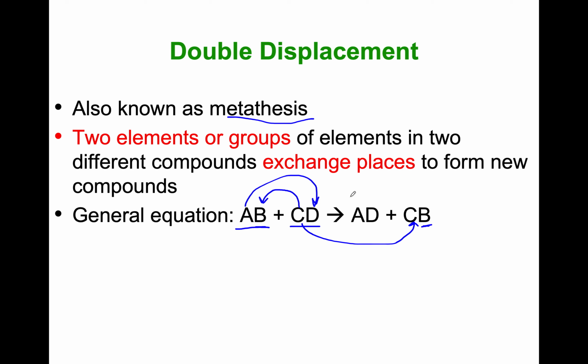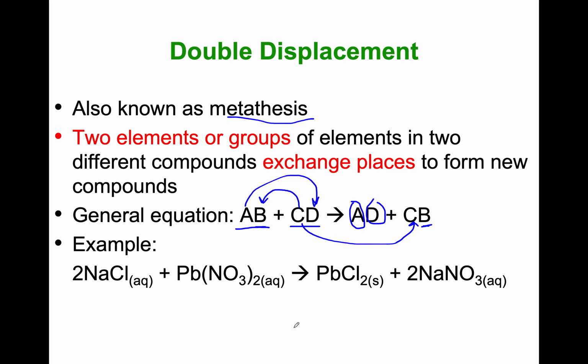The metal A combines with a nonmetal and the other substance. So this is double displacement. This is precipitation reactions that we've been seeing. Lead, more interested in combining with chloride. That forms a solid. That's precipitation. That's also a double displacement.